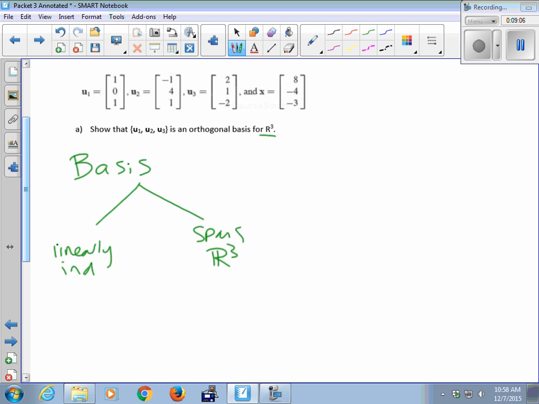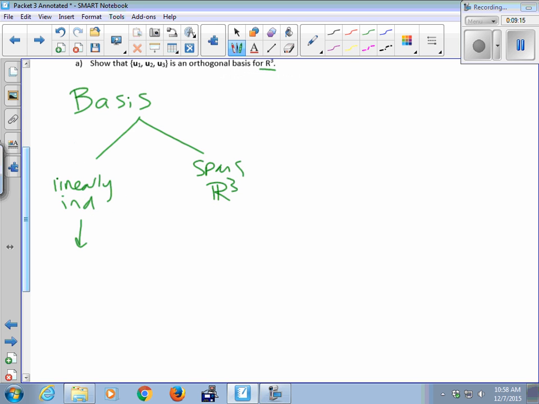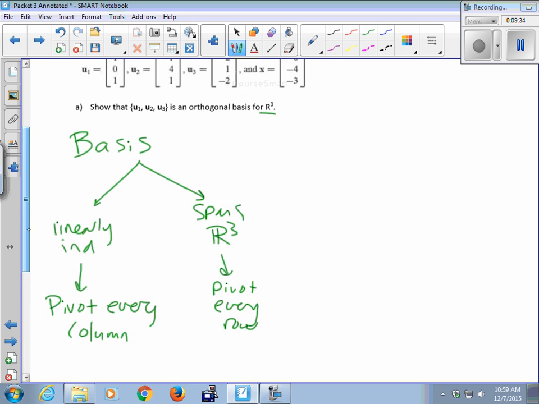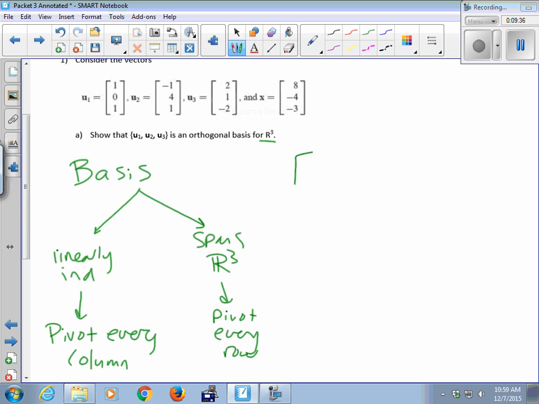Yeah, a pivot in every column for linear independence, and a pivot in every row for spanning. So I should get the identity matrix. This is a good reminder for lots of things we've talked about, so I'm just going to write it all out. Pivot in every column. Pivot in every row.